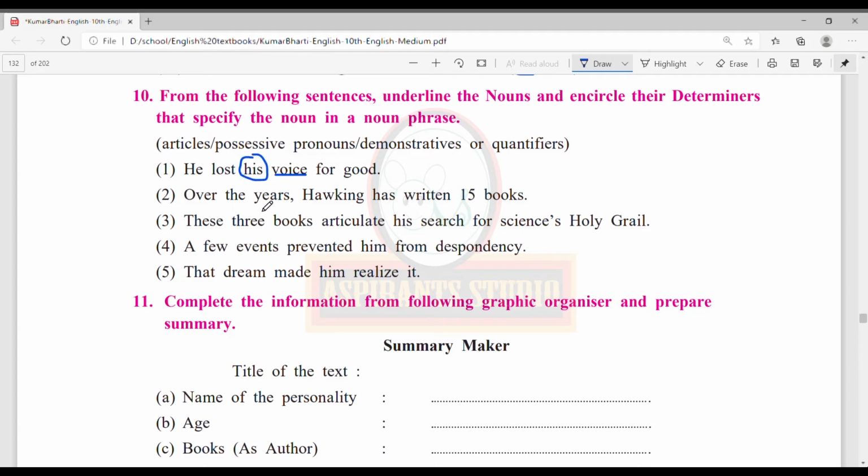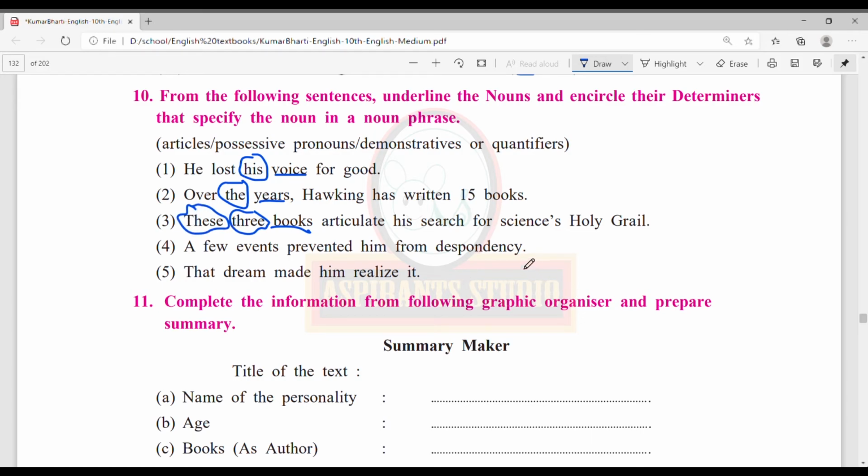Encircle. Over the years, Hawking has written 15 books. Here, years is the noun and the is the determiner. These 3 books articulate his search for science's holy grail. So here noun is books and it is having 2 determinants here, 3 the number and these also.